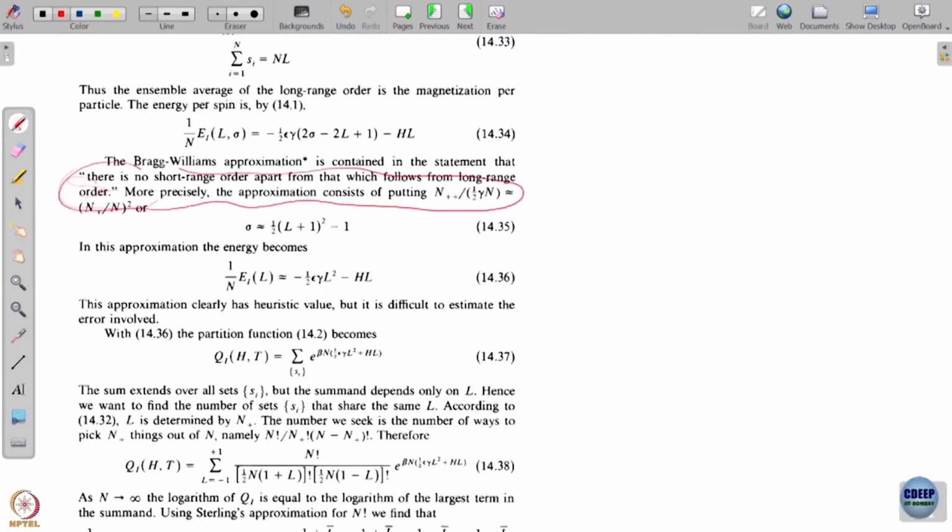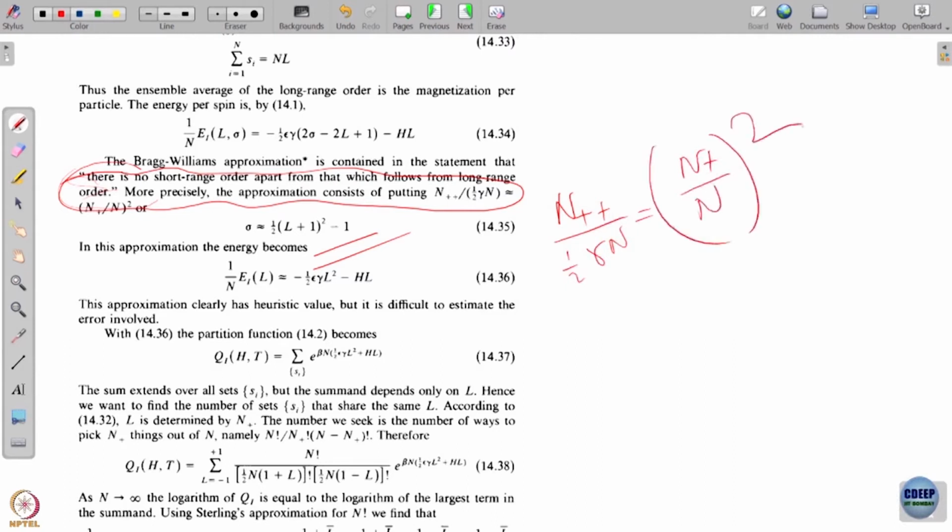Once I do that, I get n plus plus by half gamma N equal to n plus squared, which translates into sigma, because remember, n plus by N equals half of L plus 1.